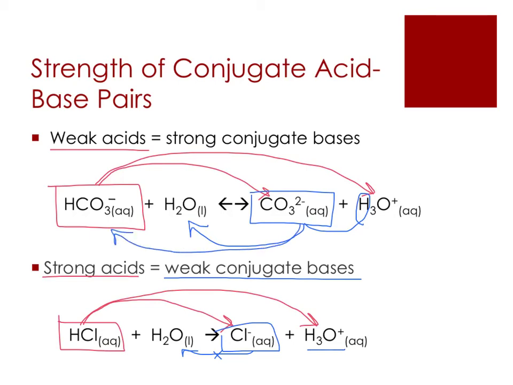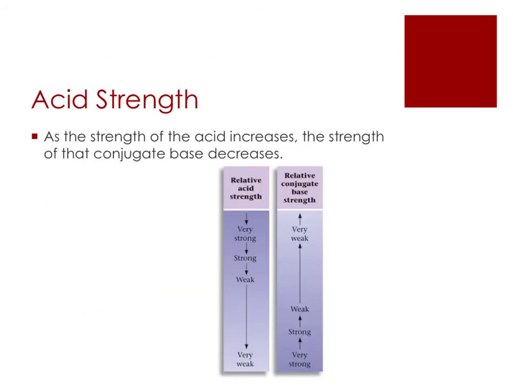The reverse reaction does occur to quite a large extent. This means that the conjugate base is strong. So in summary, as acid strength increases, the strength of the conjugate base decreases. Likewise, as acid strength decreases, the strength of the conjugate base increases.